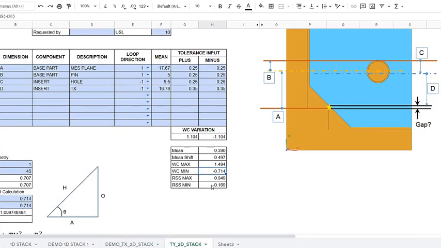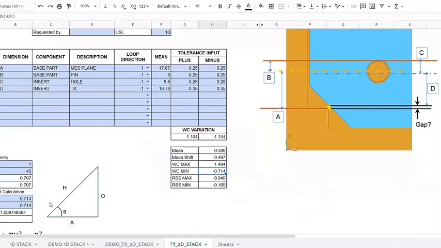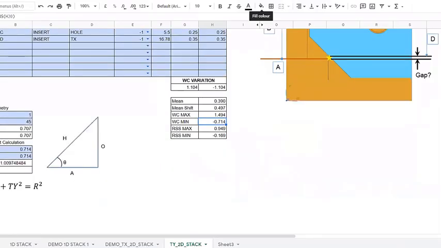Now the step we need to do is, we know the horizontal variation and we know the vertical variation, and then we need to calculate the hypotenuse. For this I have this resultant calculation.